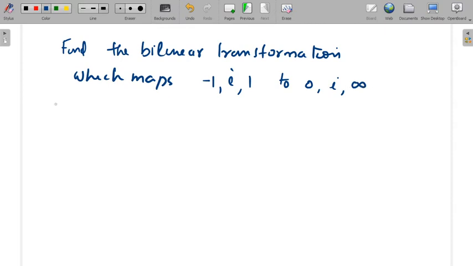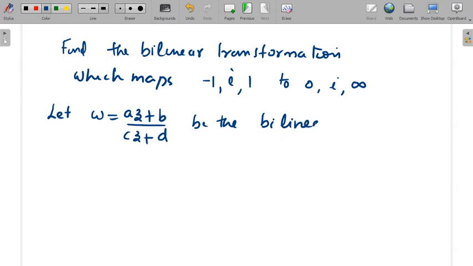So we may start by taking, let W equal to (az plus b) divided by (cz plus d) be the bilinear transformation.